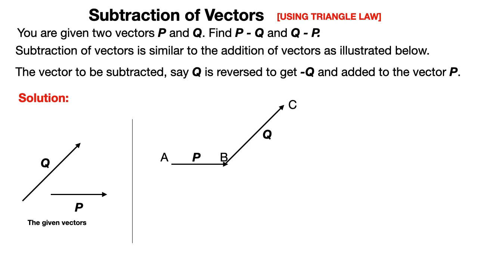Now to find P minus Q, reverse Q. Theta here is the angle between P and Q. BC dash is minus Q, because BC has been reproduced in the opposite direction to get minus Q. The angle between P and Q is theta. The angle between P and minus Q is 180 minus theta.